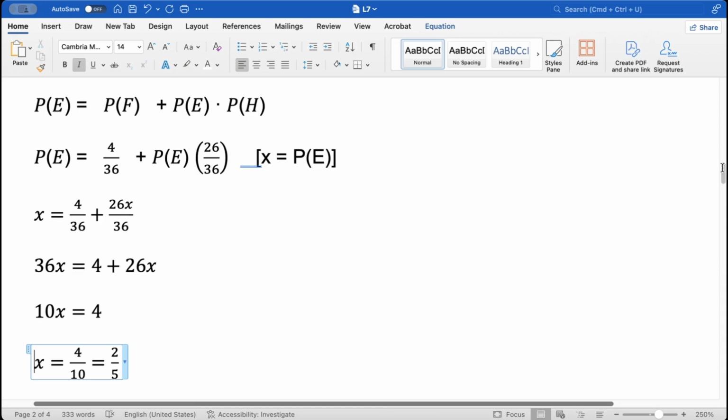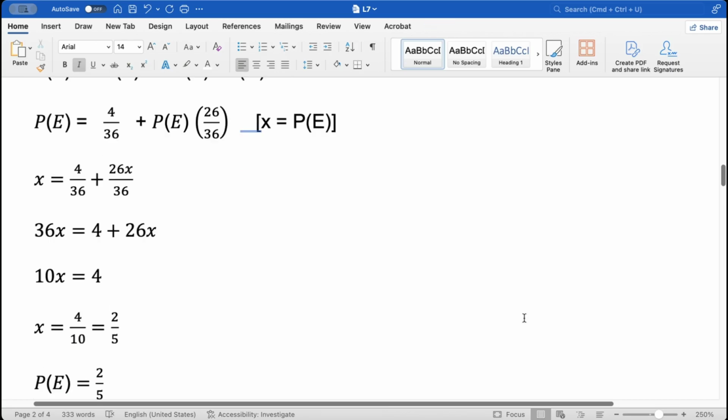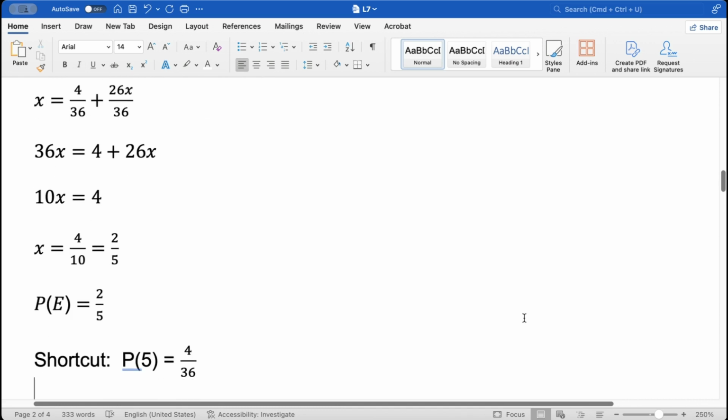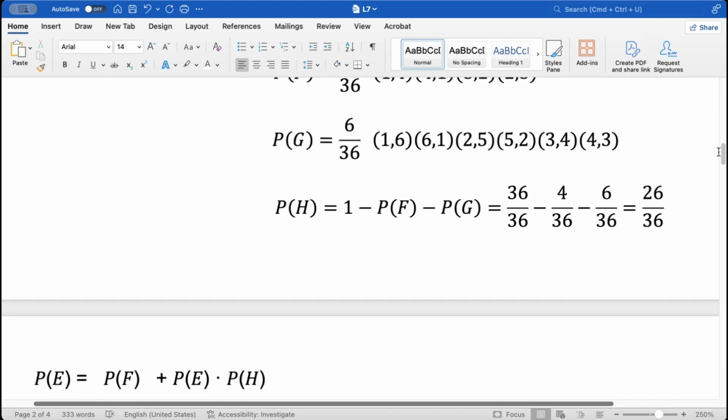And now we're going to do a shortcut method here for this example. All right, so what's the shortcut? The probability of rolling a 5, a sum of 5 with a pair of dice, is 4 out of 36. The probability of rolling the 7, there's 6 ways to get a 7 out of 36. So it's 4 out of 36 and 6 out of 36.